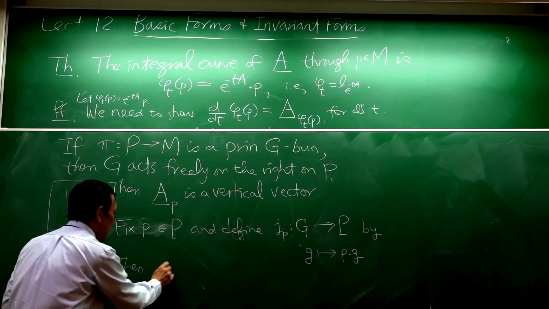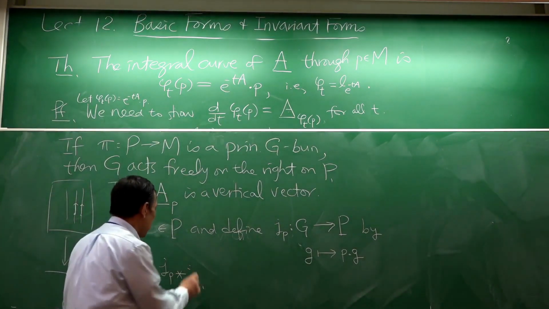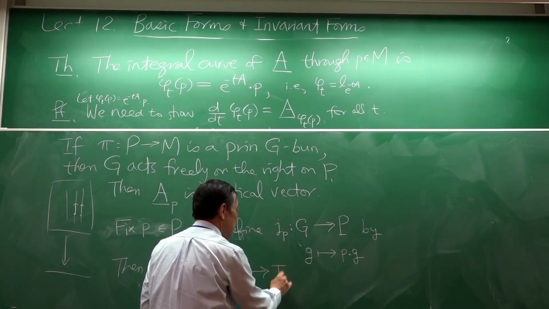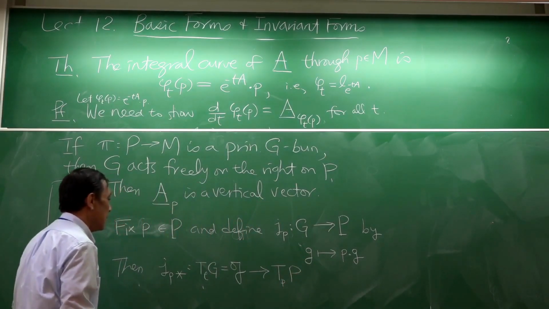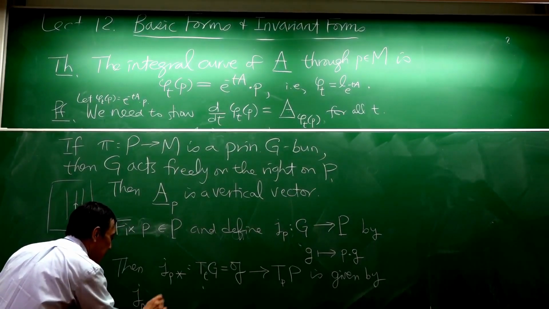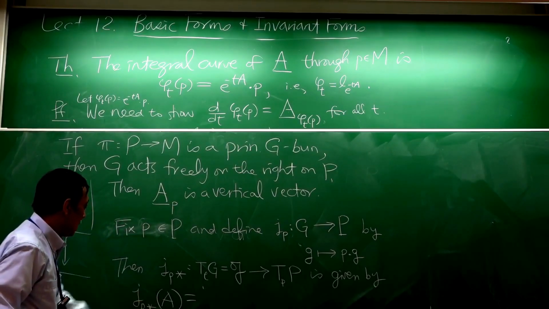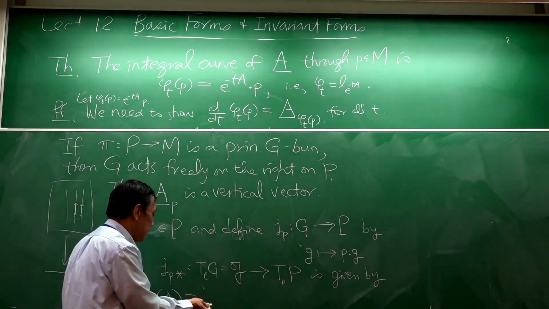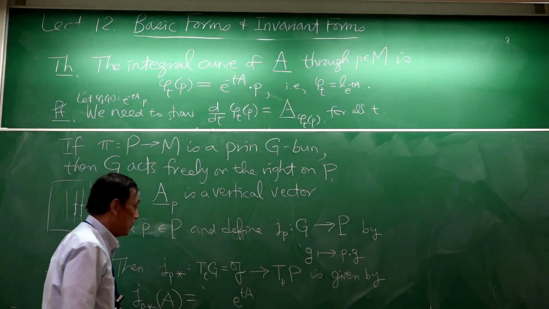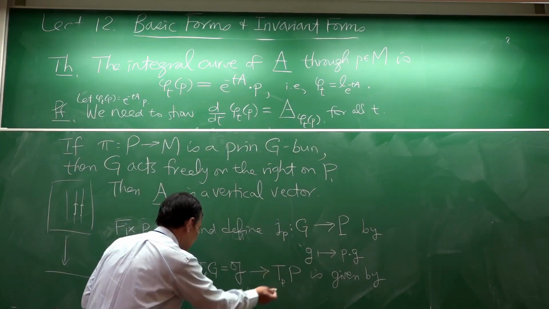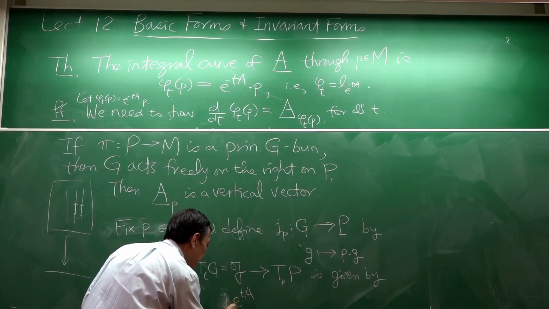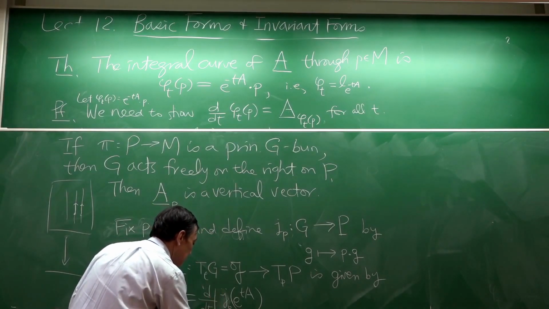Then the differential from the identity, which is the Lie algebra, to T_p P is given by, okay, so the differential of j_p of A, the way you calculate the differential is that you take a curve, e to the tA, that has initial vector A, and then you map it over, and then you differentiate at t equal to 0, right?